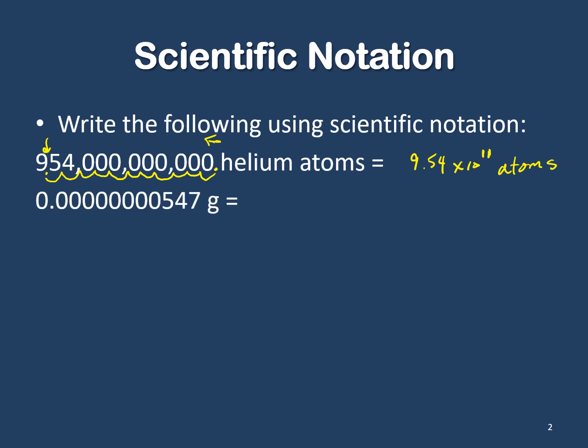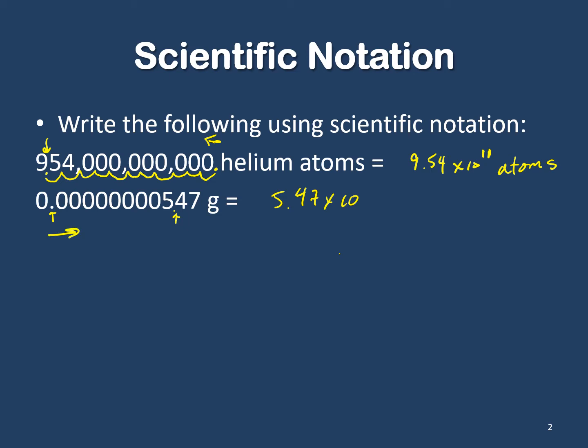If I want to do a really small number, I can do that as well. This time we have our decimal here. We need to move it to here so that we get a number between 1 and 10. So 5.47 is my number between 1 and 10. I have that multiplied by 10. I need to figure out my exponent, so I need to count how many places I'm moving it.